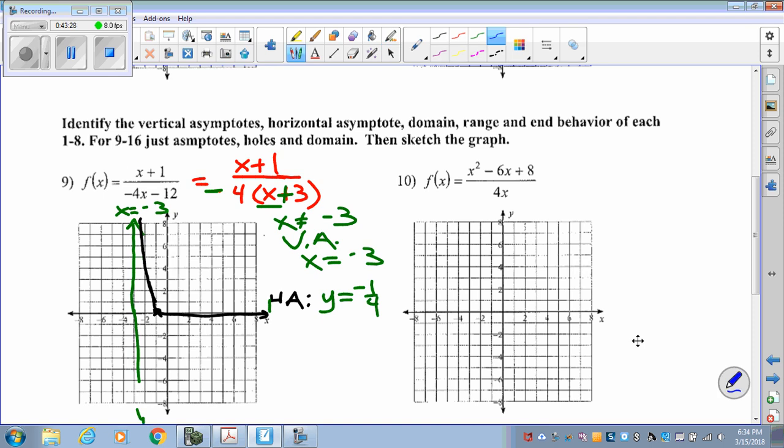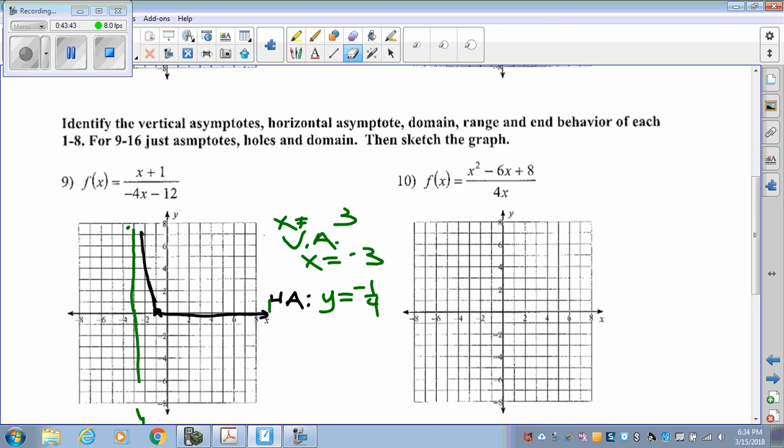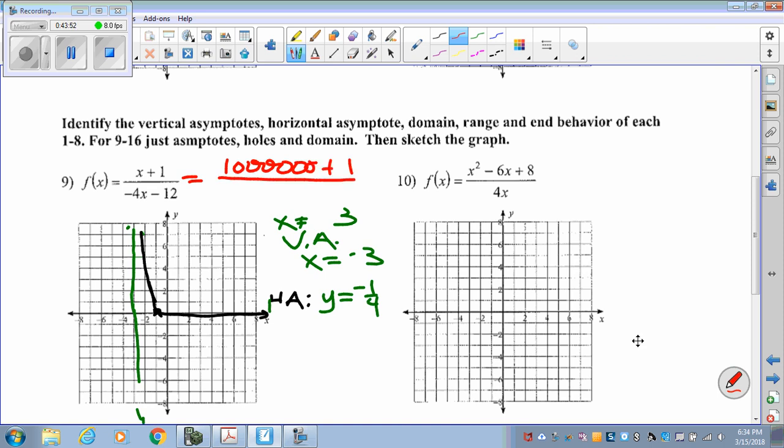So notice if x is going to be 1,000,000, and we just look at this original problem here, that would be 1,000,000 zillion plus 1. And then here I have -4 times 1,000,000, really big number, minus 12.